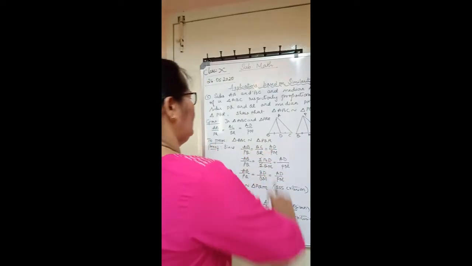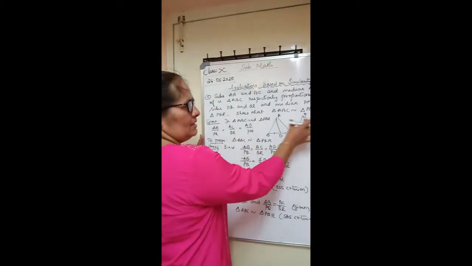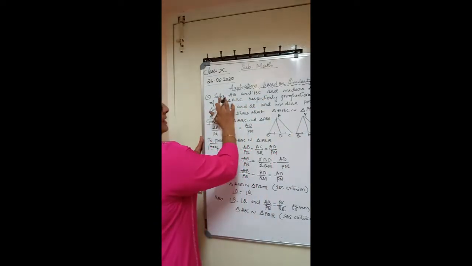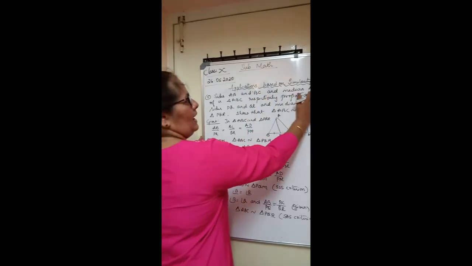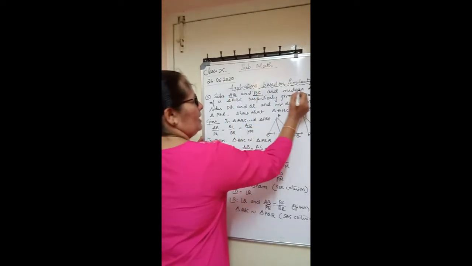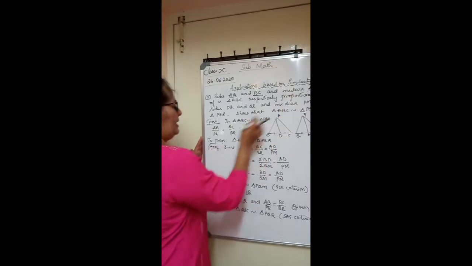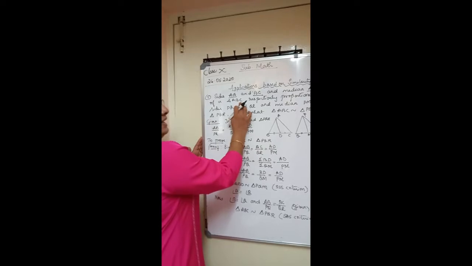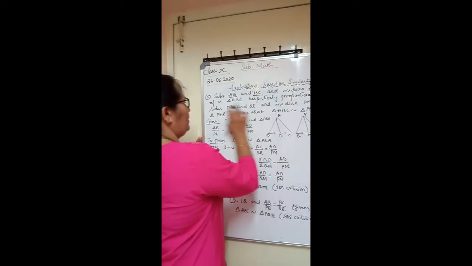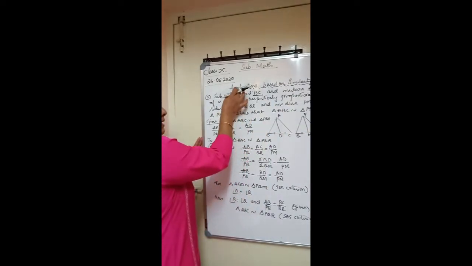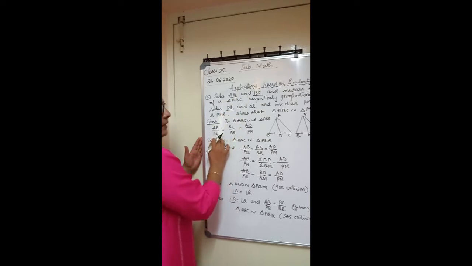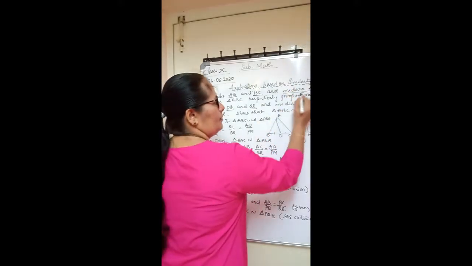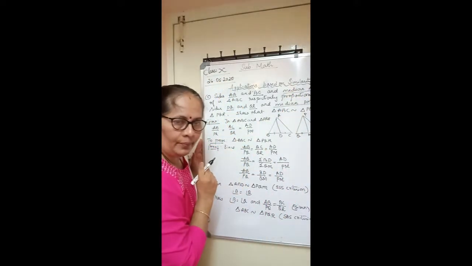Okay. Now, given that in triangles ABC and PQR, sides AB, BC and median AD of triangle ABC are proportional to the sides PQ, QR and median PM. AB is proportional to PQ, BC proportional to QR, and median AD proportional to median PM.